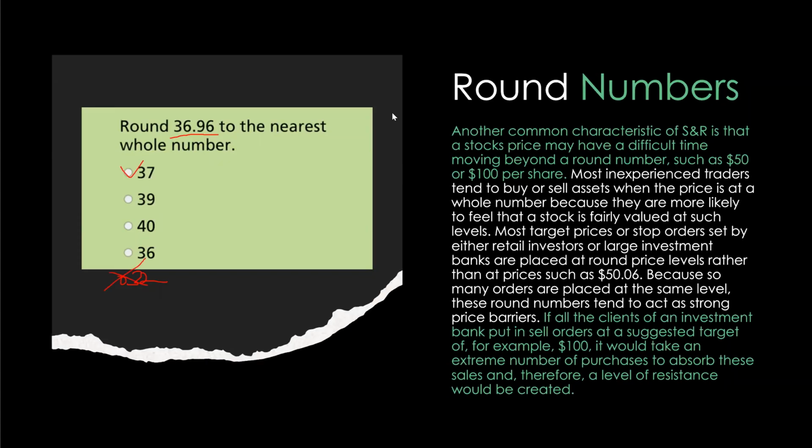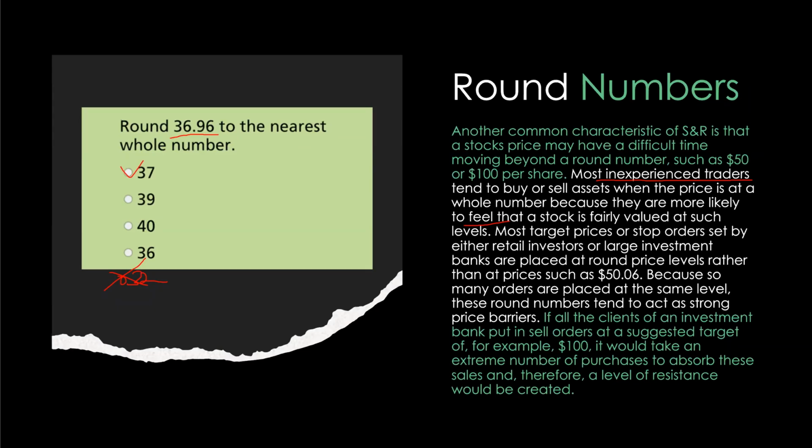So another common characteristic of support and resistance is that a stock price may have a difficult time moving beyond round numbers, such as $50 or $100 per share. Why is this? Because most inexperienced traders, like a lot of you, tend to buy or sell assets when the price is at a whole number, because people have feelings that a stock is fairly valued at such levels.